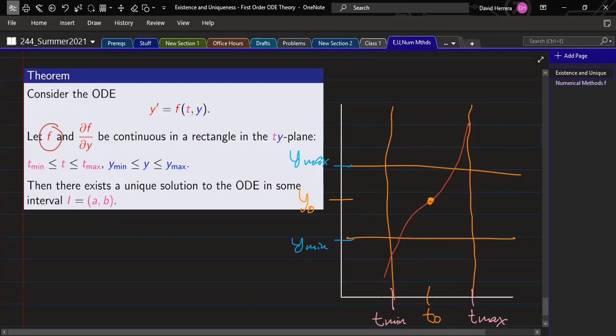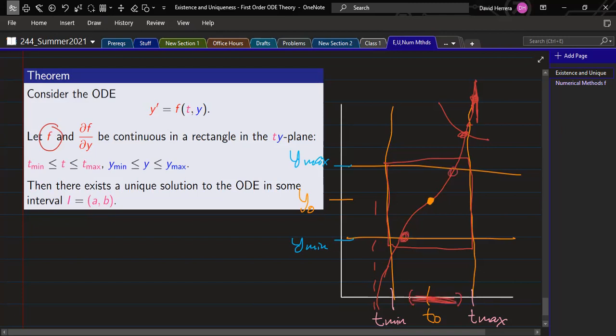Maybe outside the rectangle, you have crossings or non-existence. Maybe there are asymptotes. Maybe you have vertical slopes. So basically the slopes blow up, but the function doesn't. But in this rectangle, because f and the partial derivative of f with respect to y are continuous, there's not going to be a problem. You don't know when it's going to leave the rectangle. So you have an interval down here, a to b.